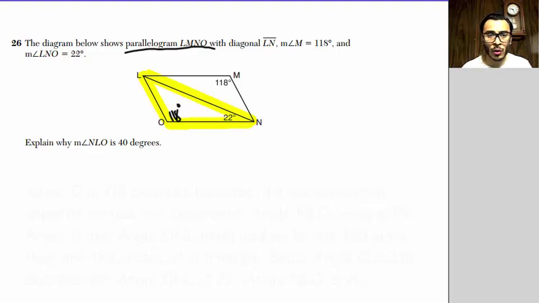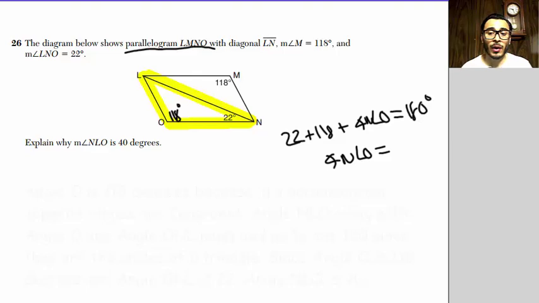And since that's a triangle, angle NLO along with angle O and angle ONL must add up to 180 degrees, right? 22 plus 118 plus angle NLO must equal 180 because that's a triangle. And if you solve this equation, you will see that angle NLO is 40 degrees.